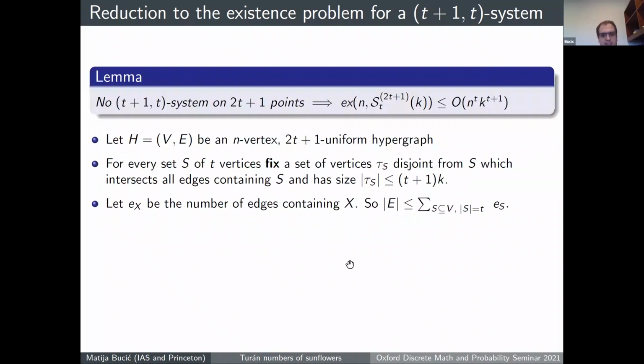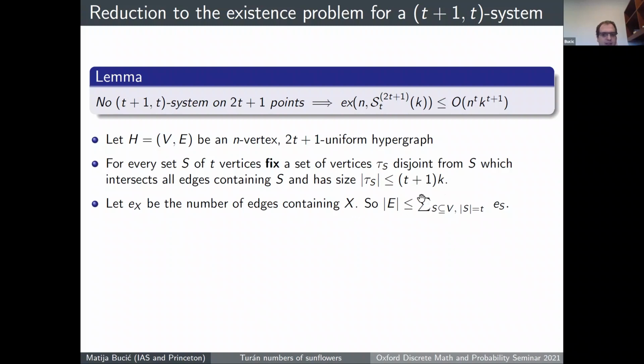So now let's see an easy observation and try to show some upper bounds on the number of edges of H. I'm going to be denoting by E of X the number of edges which contain set X. So this is just the size of the link hypergraph of X, if you prefer it that way.